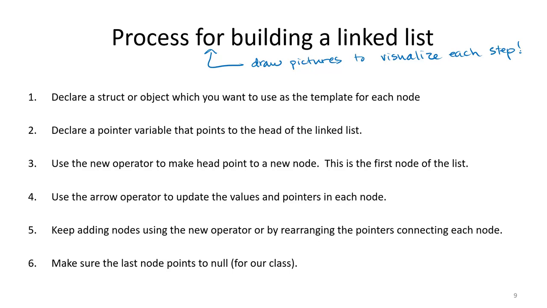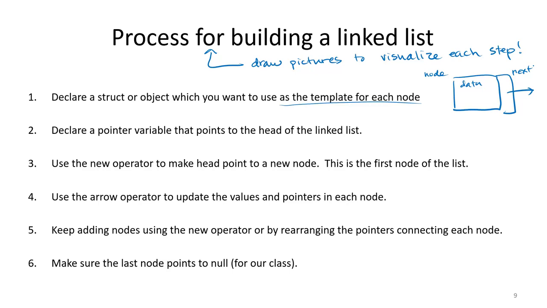So our first step is to declare a struct or an object, which we want to use as basically the template for each node. So we have to declare what each of our nodes looks like. We probably want our node to contain some data, and then we also want our node to contain some pointer, such as next, which would point to the next node.